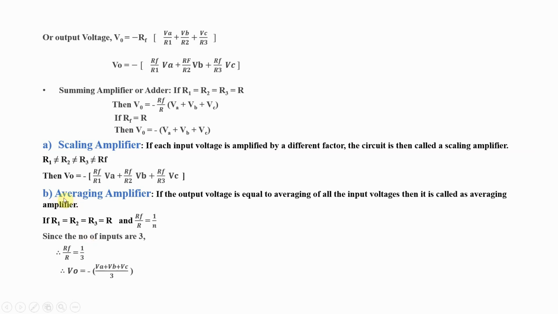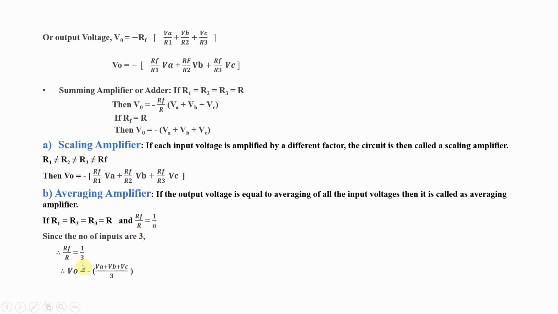Second, the summing amplifier is also known as an averaging amplifier, meaning the output voltage is equal to the average of the input voltages. For that purpose, R1 is equal to R2 is equal to R3 is equal to R, and RF by R is equal to 1 by N. Suppose there are three input signals, then RF by R is equal to 1 by 3.